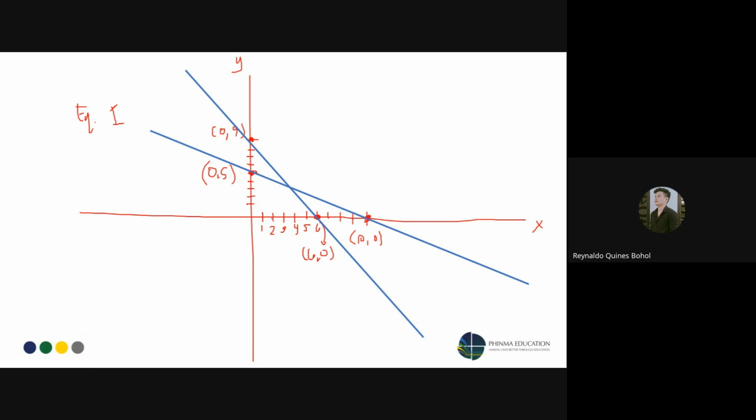So 2, 1, 2, 3, 4. 1, 2, 1, 2, 3, 4. So lagay natin yung 2, 4 dito. Then 2, 6, 1, 2. Nandito yung 2, 6. 2, 4, 2, 6. Okay?